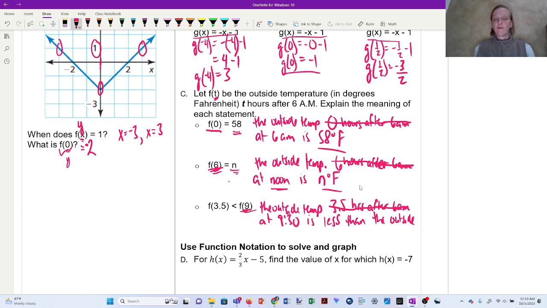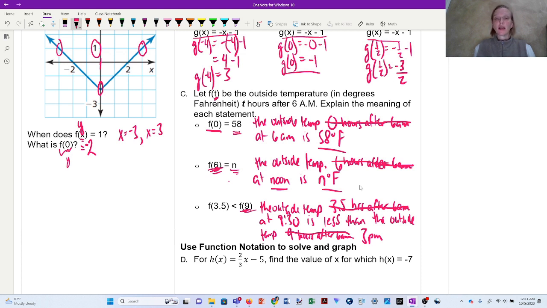and that other temperature is the outside temperature. This is another version of the function f. The outside temperature when we're 9 hours after 6 a.m. And what that means is 9 hours after 6 a.m., let's say 6 hours takes us to noon, and then another 3 hours takes us to 3 p.m. So I don't have to say 9 hours after 6 a.m. I can just say 3 p.m. And my statement is finished.